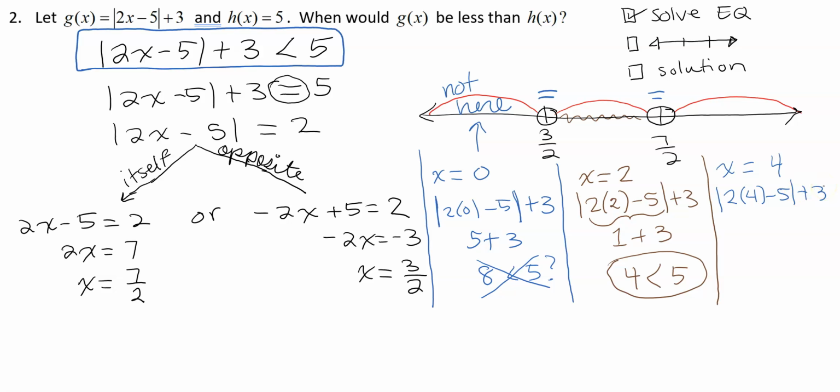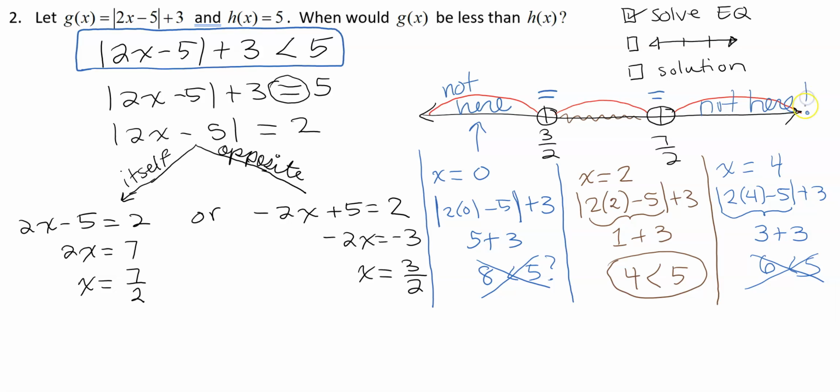Again, the question is, is our answer going to be less than 5? Well, 8 minus 5 is 3. The absolute value of 3 is 3. 3 plus 3 is 6. And 6 is definitely not less than 5. That's not true, so it would not be here either.